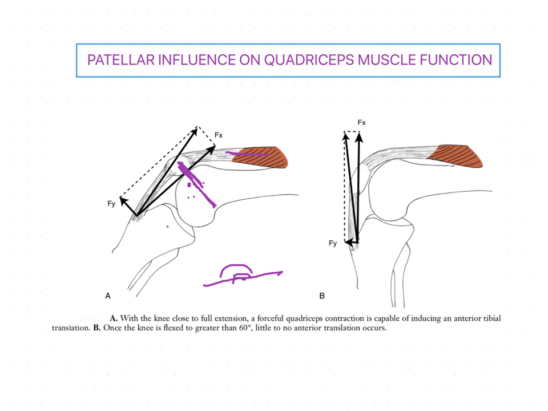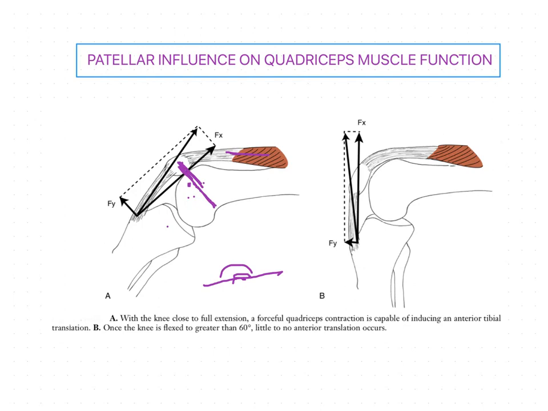The patella's role in increasing the quadriceps angle of pull on the tibia enhances torque production. Increasing the quadriceps moment arm, by definition, means increasing the rotatory component of the pull of the quadriceps on the tibia.